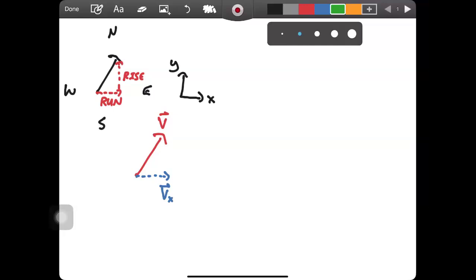And then there's also the rise, the upward motion. And so we're going to call this the Y component of V. So the X component is the run, the Y component is the rise. And so how do we break this down?